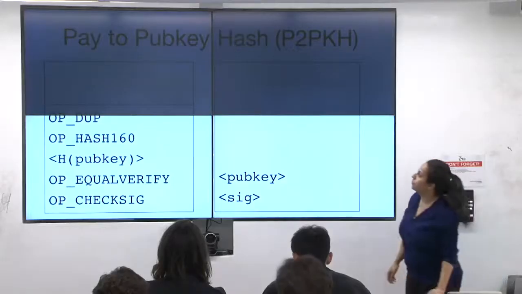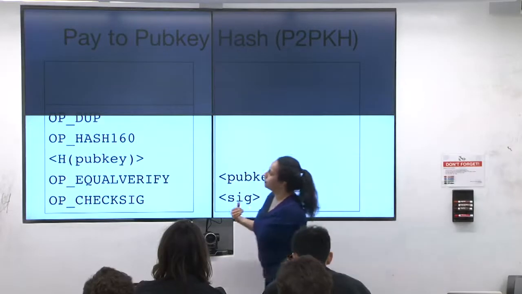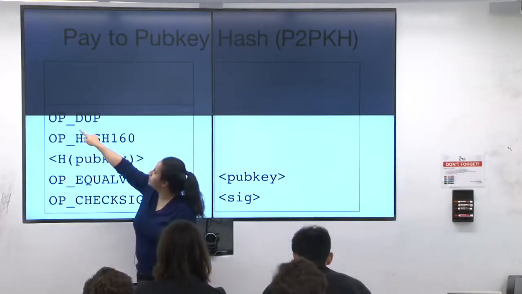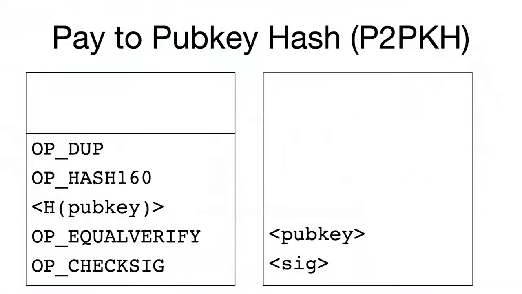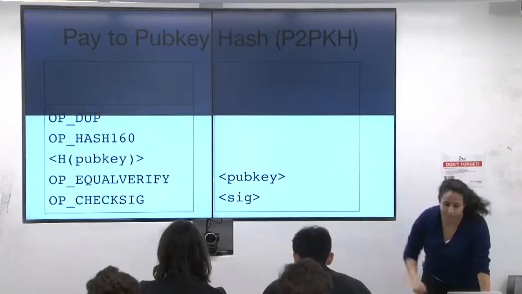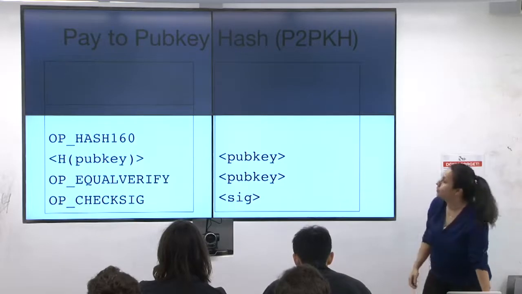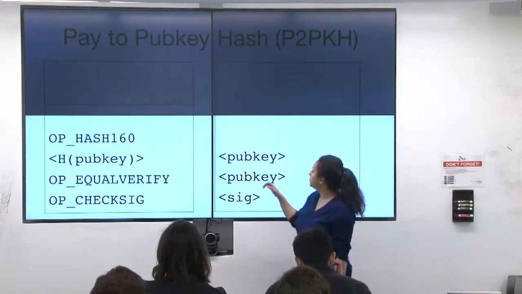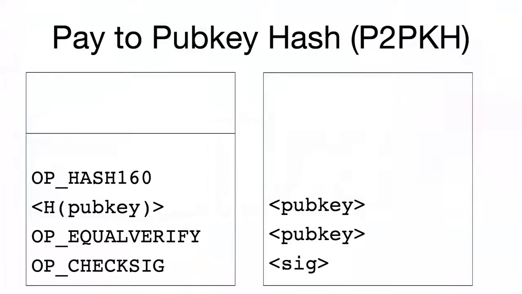Okay, we're done with constants for the moment, and the next thing is op dupe. Op dupe does basically exactly what it sounds like. It takes the thing that's currently on the top of the stack and it duplicates it. So the way that we consume op dupe is we take this pub key and we create another copy of the pub key. The next op is op hash 160.